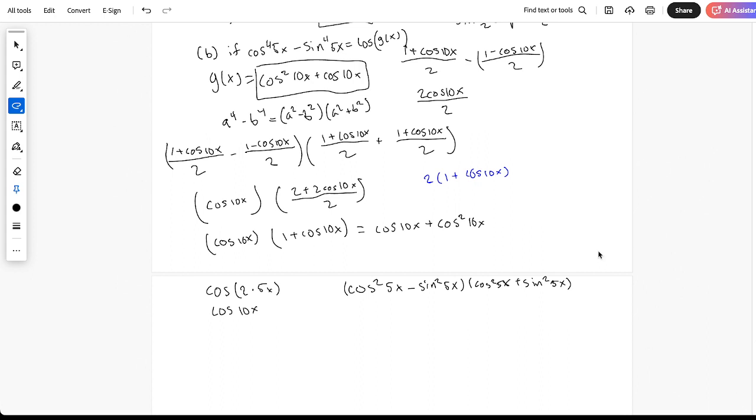Does the 5x affect it? I don't think it does, right?